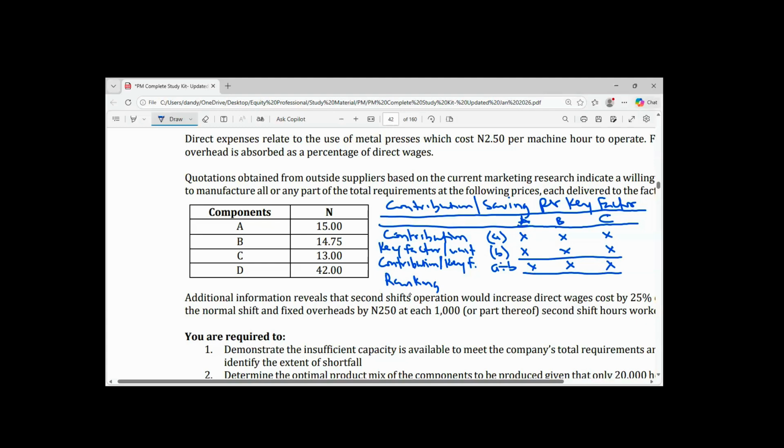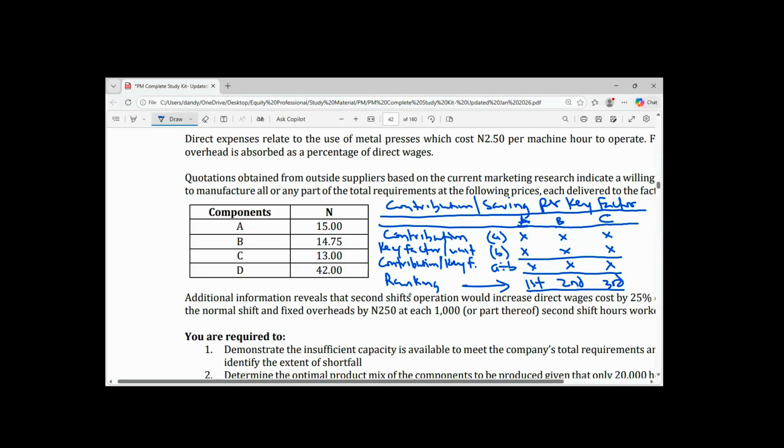So you need to rank your results in a descending order, that is, according to the highest contribution slash saving per key factor. Whatever it is, let's say this is first, second, and third. This is how you are going to calculate your savings slash contribution per key factor. So it is this ranking that you are going to use for your allocation.